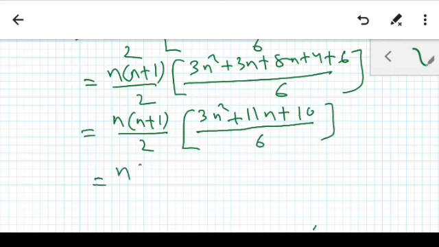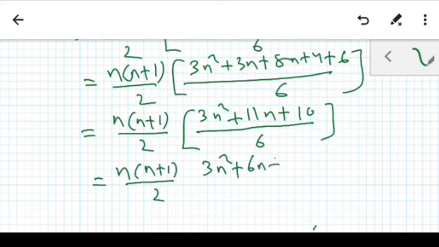That is n into n plus 1 divided by 2. I think I can write it as 5 plus 6. So 3n square plus 6n plus 5n plus 10 whole divided by 6.